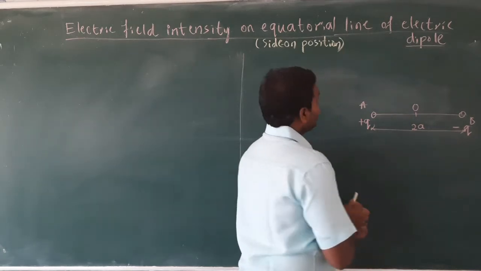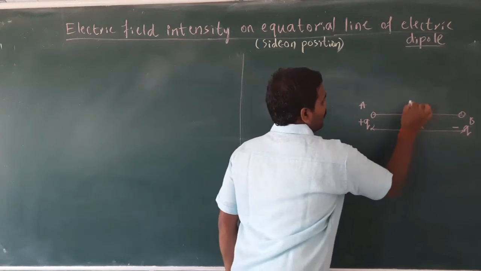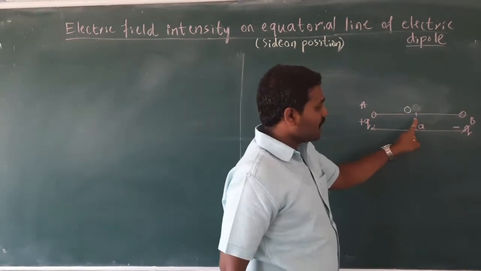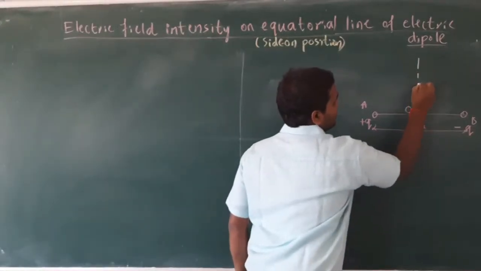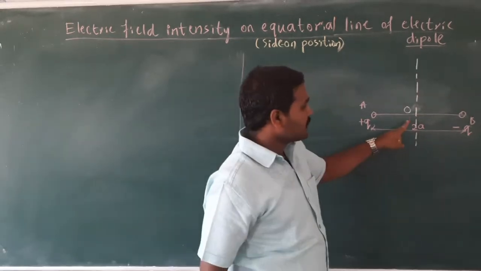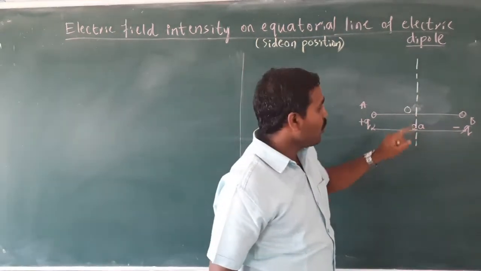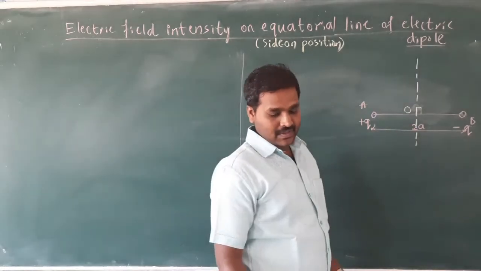Then the equatorial line is a line which passes through the midpoint of electric dipole and is perpendicular to the dipole axis. Look at this vertical line, it is passing through the midpoint of electric dipole O and it is also perpendicular to the dipole axis.